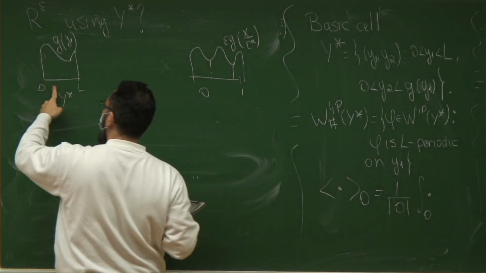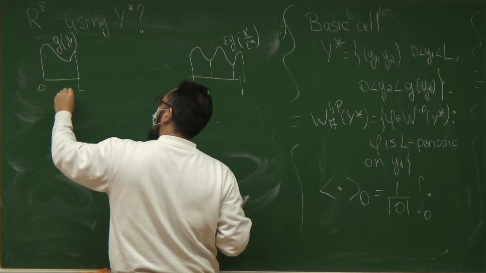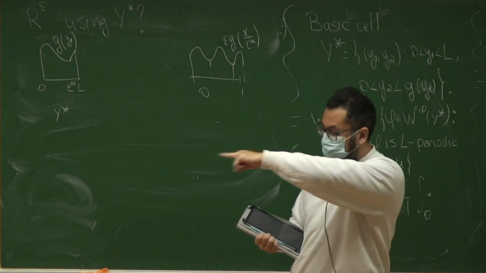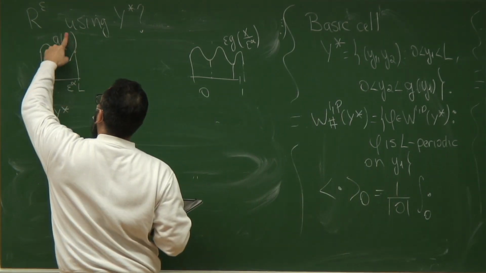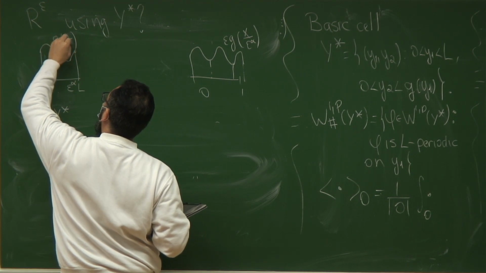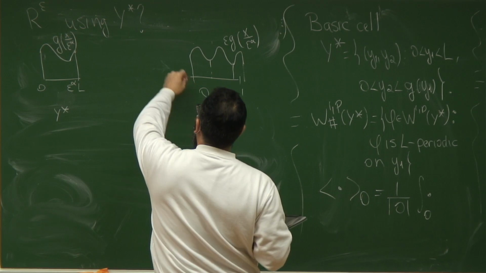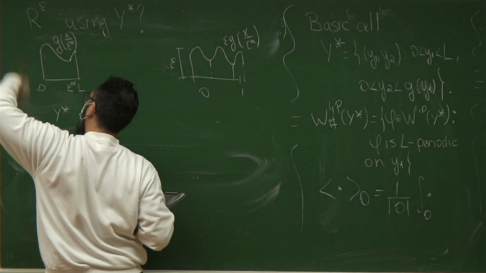Note that if you multiply it by epsilon alpha in the horizontal direction, this will change, so you will have something like this. And you will need to multiply by epsilon in the vertical direction.